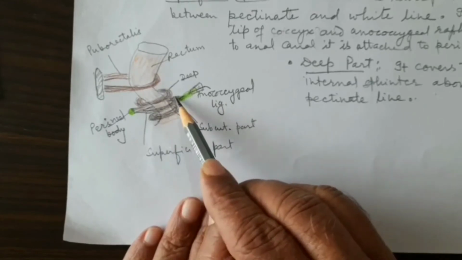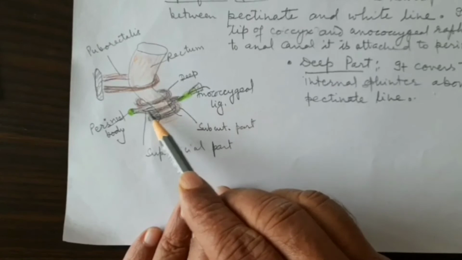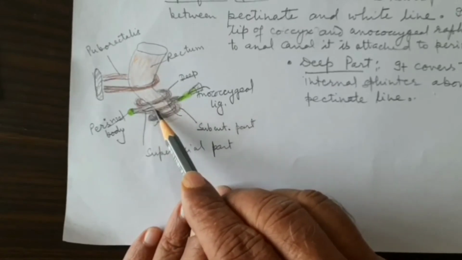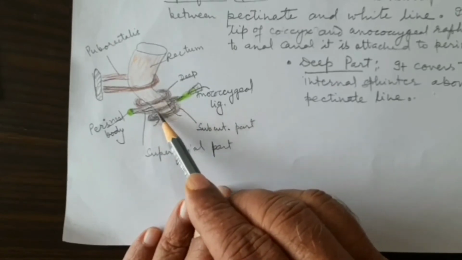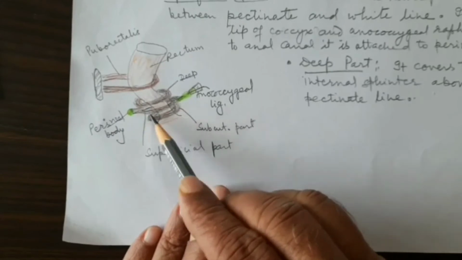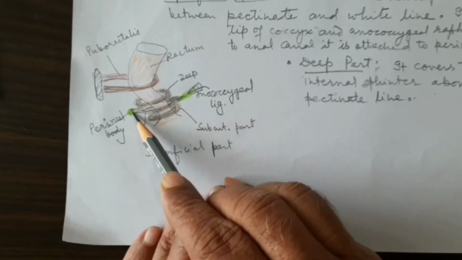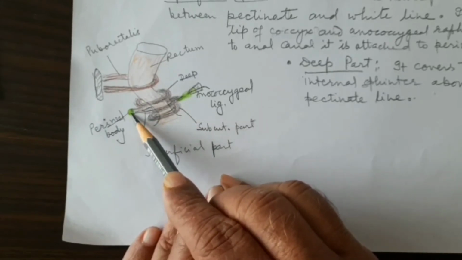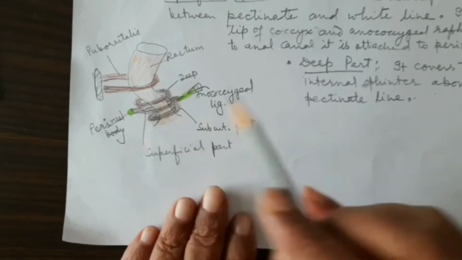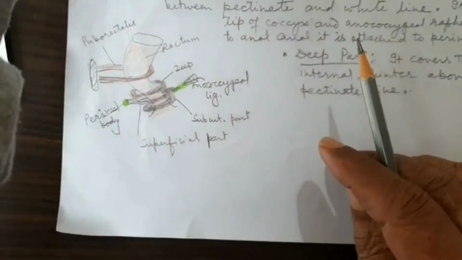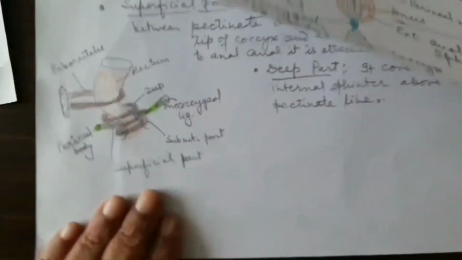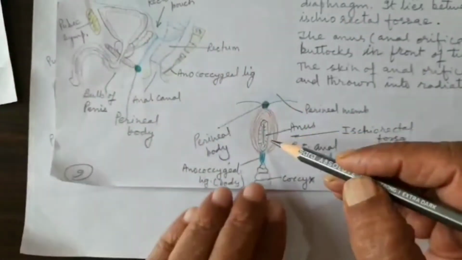Then the band of muscle fibers surrounds this anal canal from the right side and left side, thus forming a loop around it, and they get attachment anteriorly to the perineal body.